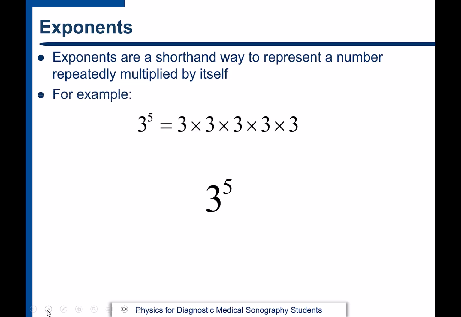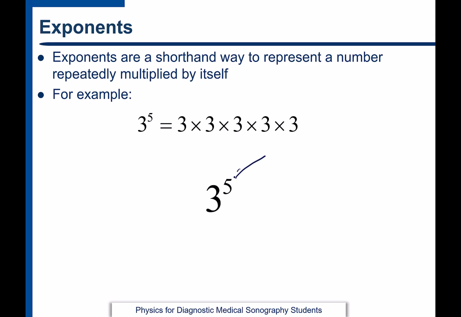The concept of an exponent is just, again, a type of shorthand. It gives us a way to represent a number that's multiplied repeatedly by itself. So for example, if we multiply 3 times 3 times 3 times 3 times 3, we don't want to have to write this whole thing out each time. Instead, we can just write a 3 with the number of times we're multiplying it together.